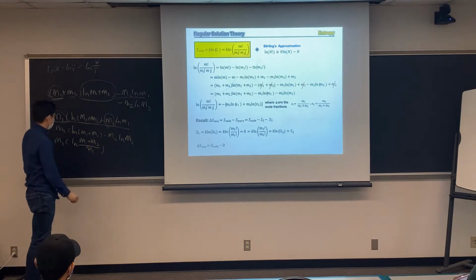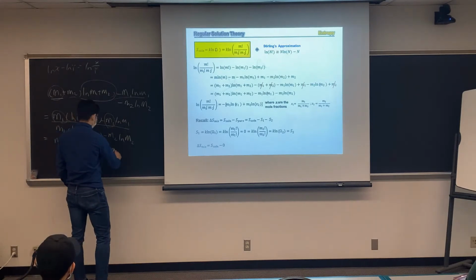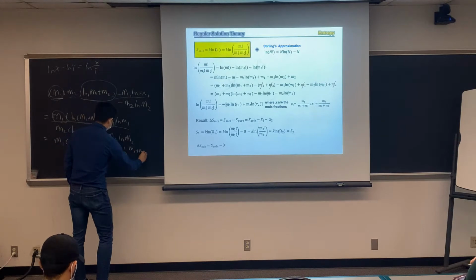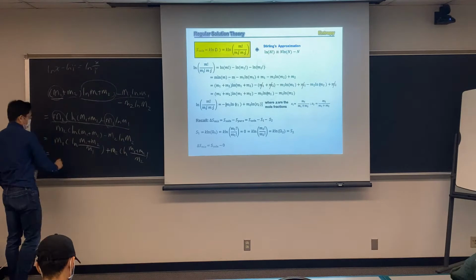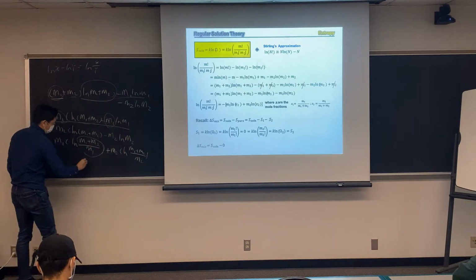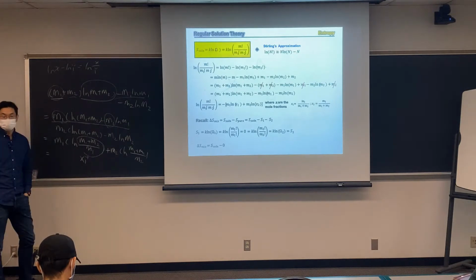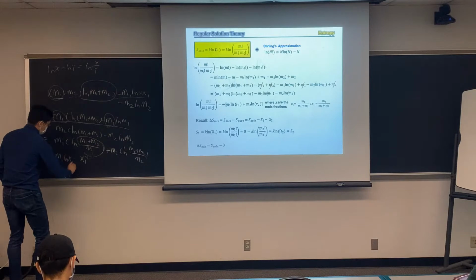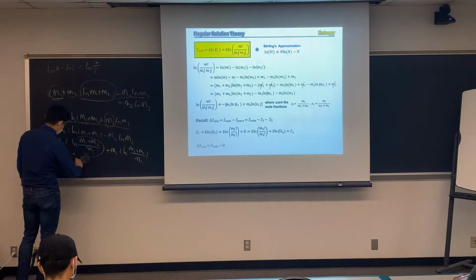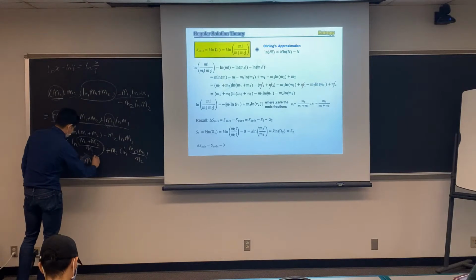Right? And you would have another n2, the same. And this basically is what we define x1 minus 1. So you would be left with m1 log x1 minus 1 plus this is x2 minus 1.